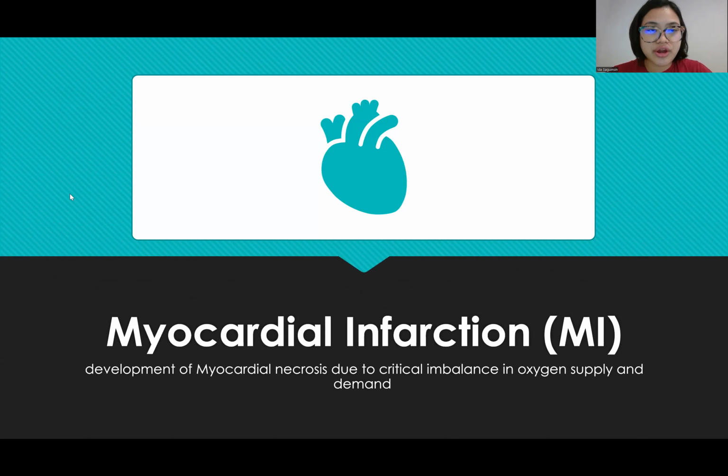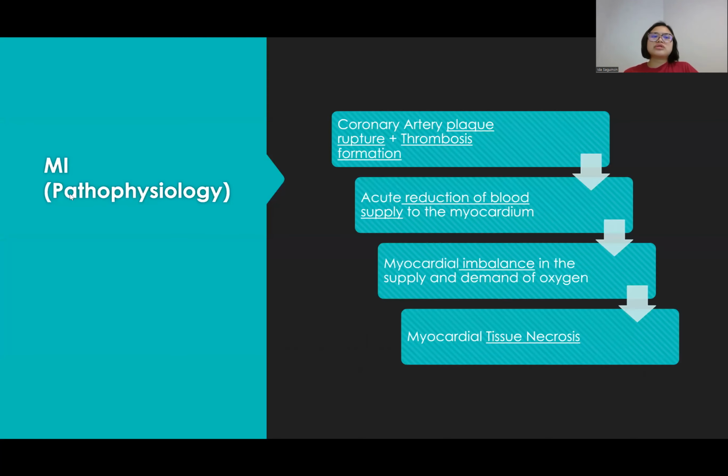This is where there is ischemia and injury. With myocardial infarction, myocardial necrosis develops because of the imbalance of the oxygen supply and demand. How does MI develop? So what's the pathophysiology?